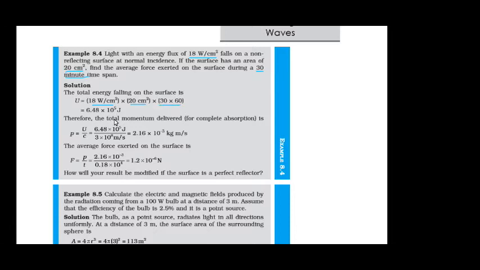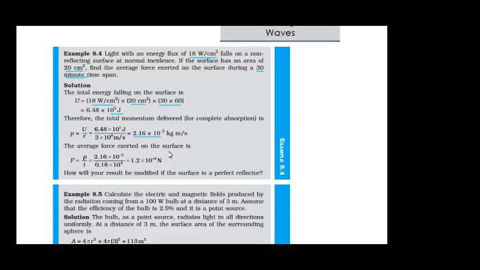So we got total energy falling on the surface for 30 minutes, that is 6.48 into 10 to the power 5 joule. Therefore, the total momentum delivered for complete absorption is momentum P is equal to U by C. Put the value of U and C, you get momentum as 2.16 into 10 to the power minus 3 kg meter per second.